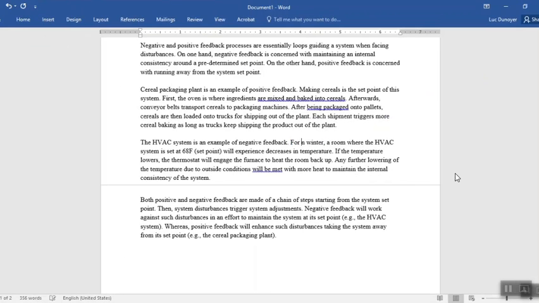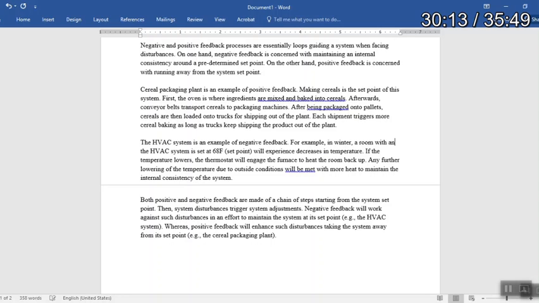So, yeah, for example, I don't really like that sentence. I'm going to break it because it seems that the first part's kind of saying something and the second part another thing. So, for example, in a winter room with an HVAC system set at that, so that's going to be the end of that part.